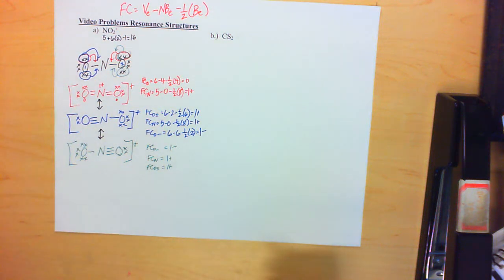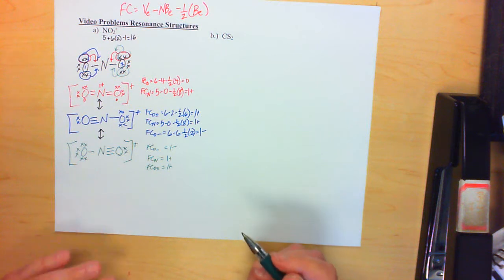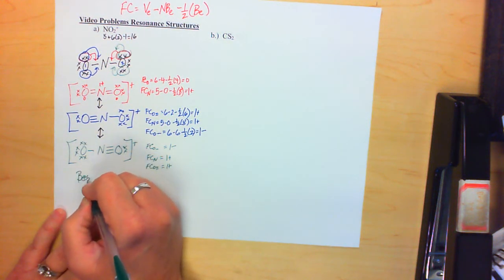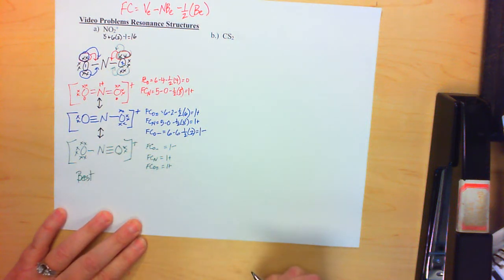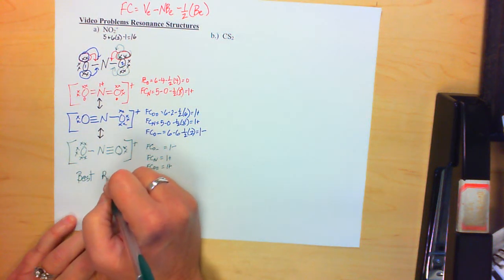So again, your formal charges have to total to give you the overall charge. Now, the best structure here will be the one with the least charges, and that would be the red structure.